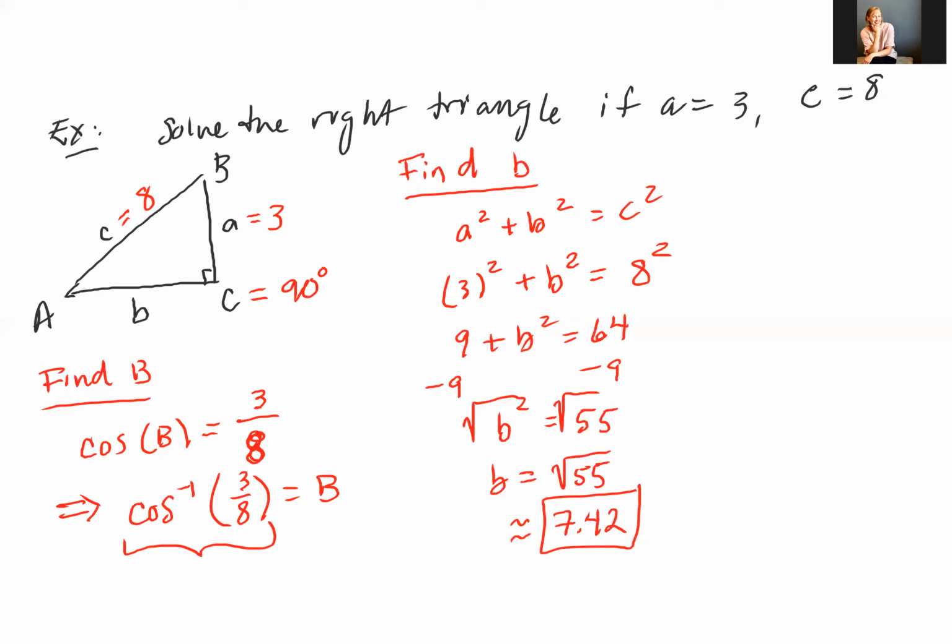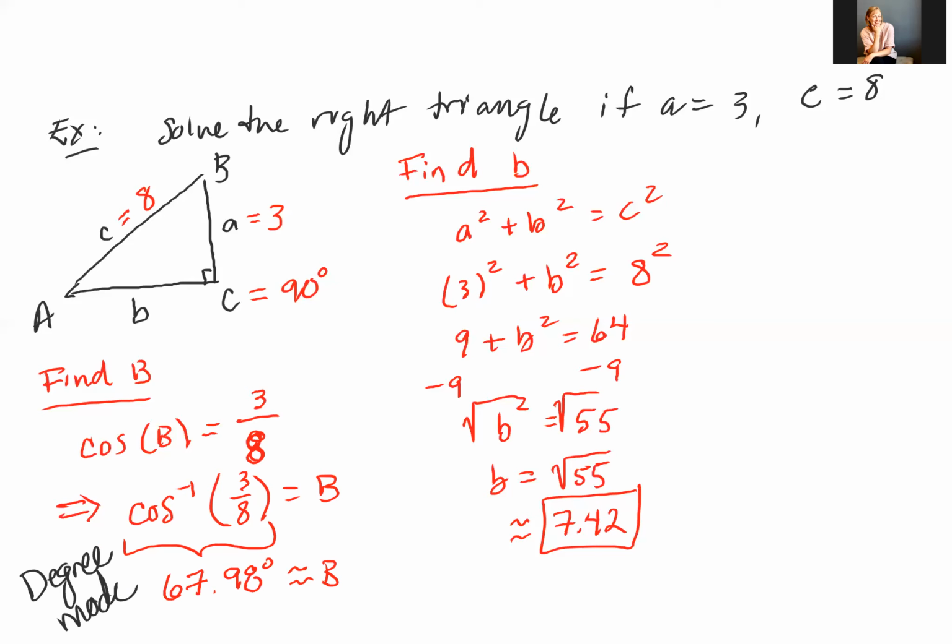If I put it in my calculator, making sure that my calculator is in degree mode, I get 67.98 degrees. Is approximately equal to angle B. And I'll go ahead and write that down. Make sure your calculator is in degree mode if you are asked to write the angles in terms of degrees.